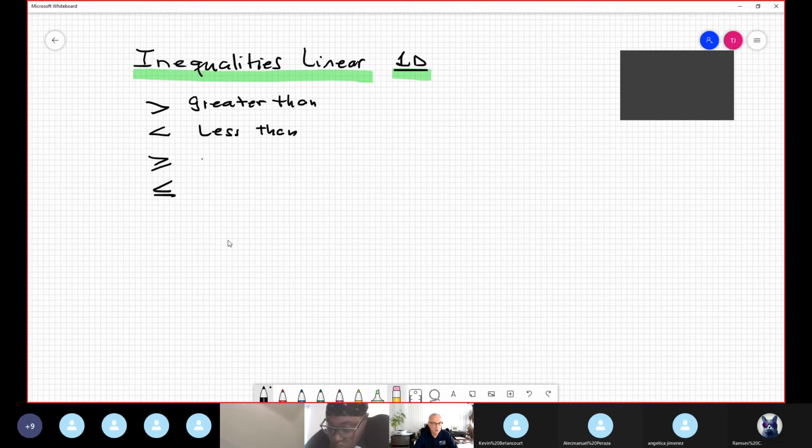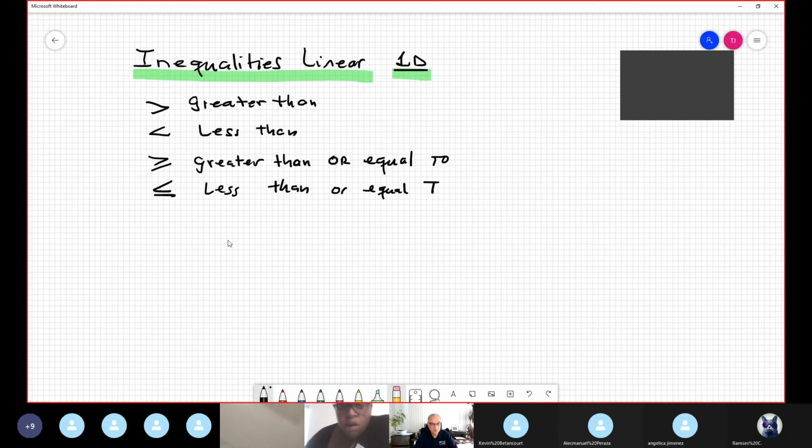This is greater than or equal to, a combination to equal to, and this is less than or equal to. I suppose you remember this very well.